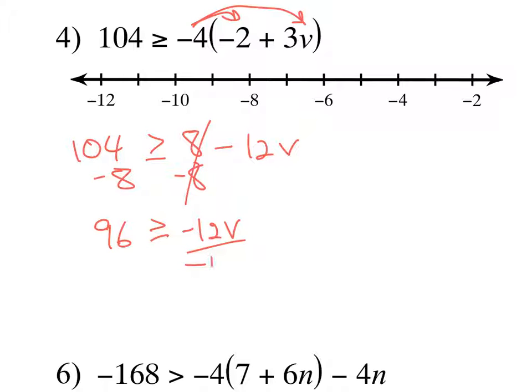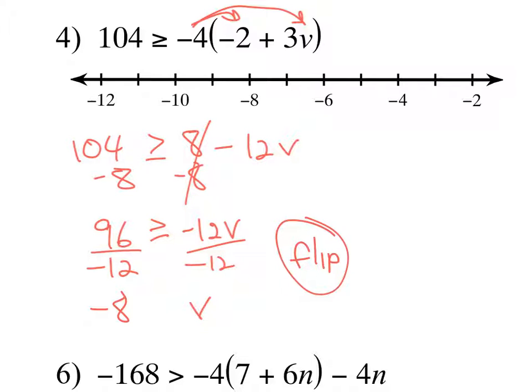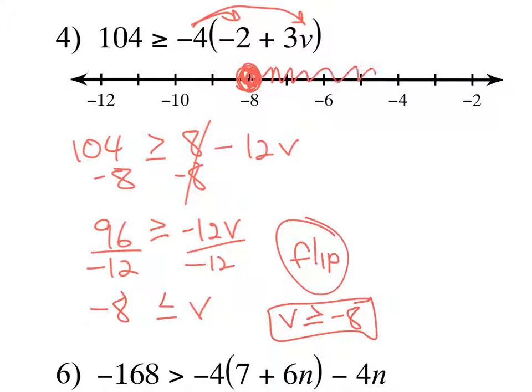When I divide by negative 12 on both sides, then I'll have v. 96 divided by negative 12 is negative 8, but we divided by a negative on both sides, so that's our flip situation, and we'll have greater than or equal to negative 8. So I'll write v is greater than or equal to negative 8. Here's negative 8, it can equal negative 8, and we're shading all the values greater than it.